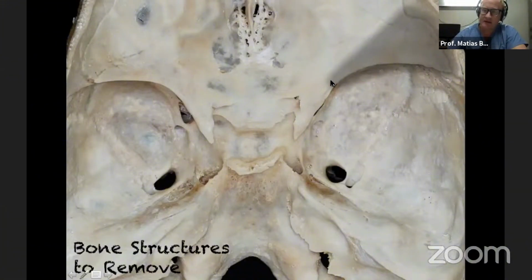First of all, the lesser wing of the sphenoid is an important structure that should be removed in all the anterolateral approaches, like the pterional approach and the frontoorbital approach, because once removed, this element allows us to gain space and vision with our microsurgical corridor. It's very important to remove.